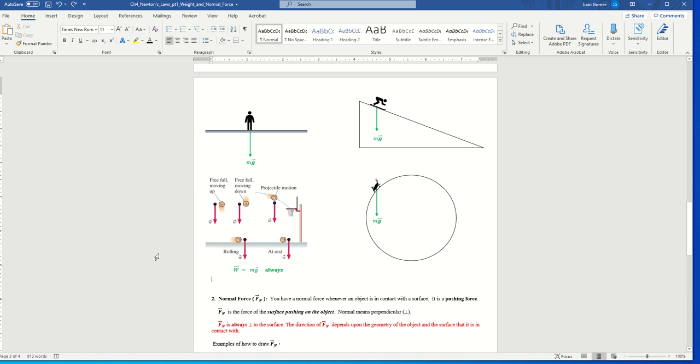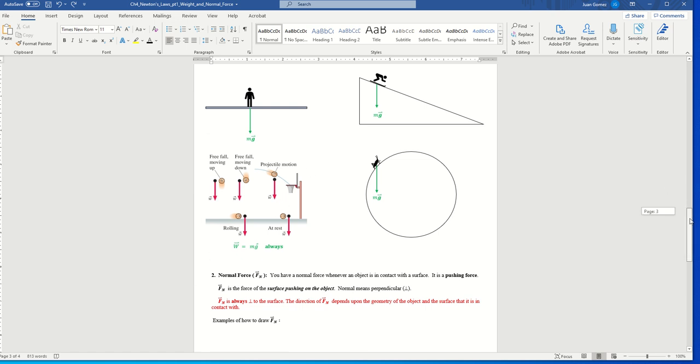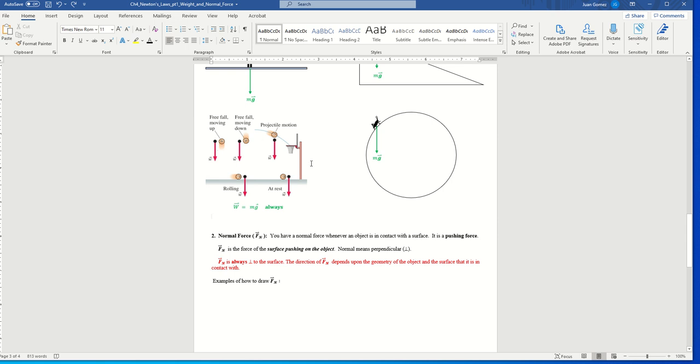Okay, now let's look at this third panel. It's a projectile motion picture. Someone is shooting this basketball. It's undergoing projectile motion. Well, remember, in projectile motion, the acceleration is always negative g, i.e. in the negative y direction. No matter where this object is on this trajectory, the weight is always pulling in the negative y direction.